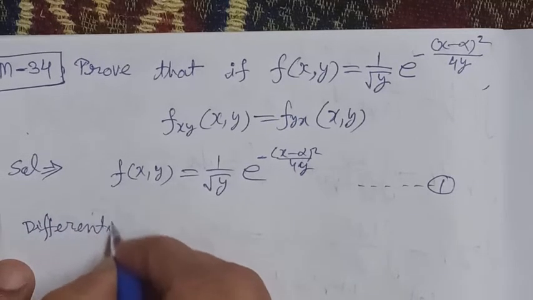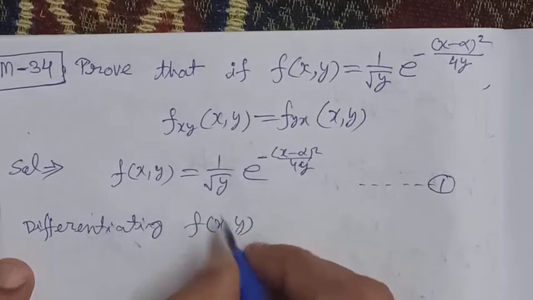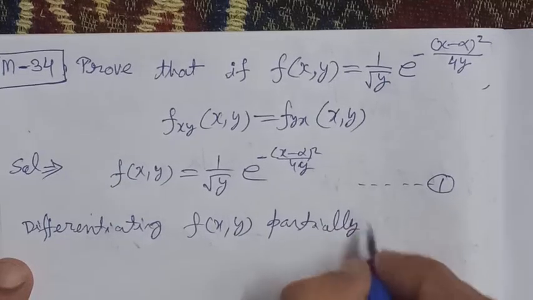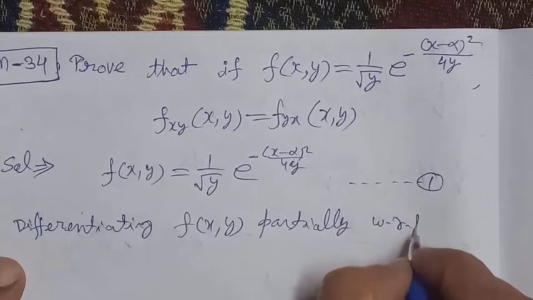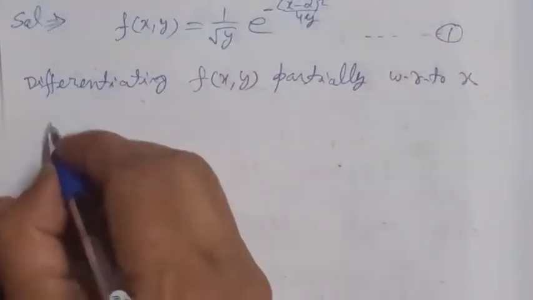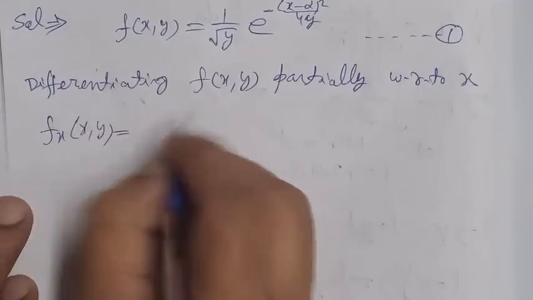Differentiating f(x, y) partially with respect to x, we get f_x, which is a function of x and y.